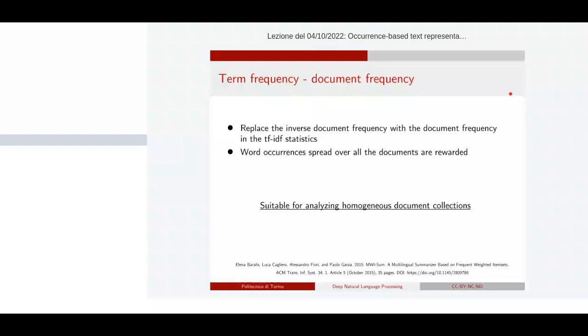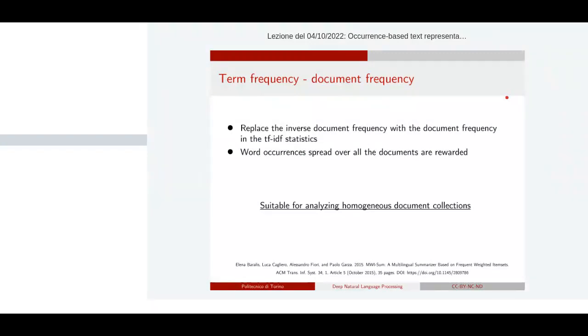So the words occurring are pretty much the same, with specific differences. In this case, to summarize the news content, it's probably better to focus on metrics that try to leverage information from a homogeneous collection. So TF-DF is more suitable for representing homogeneous data collections.